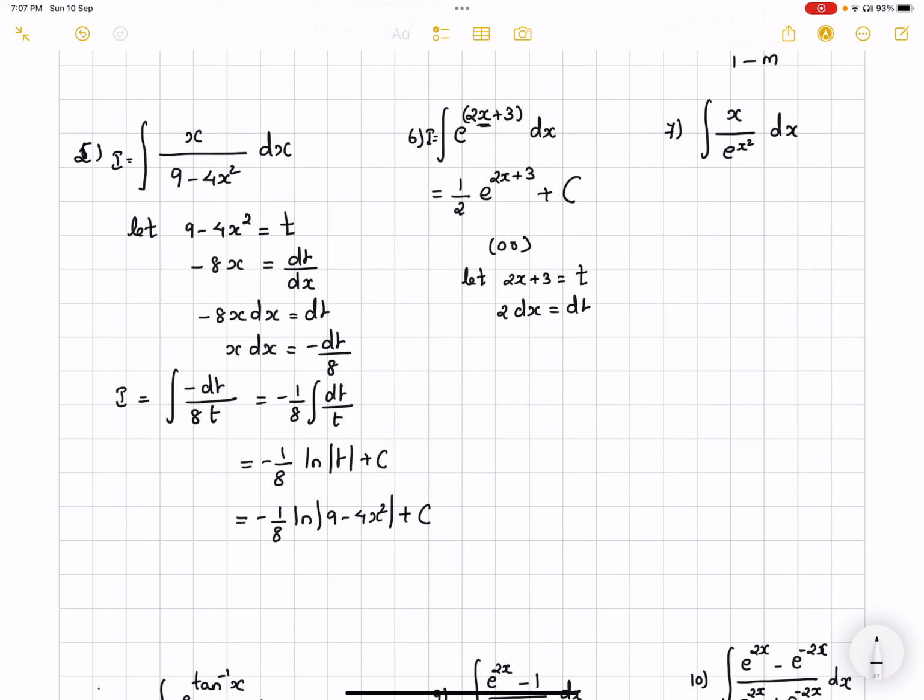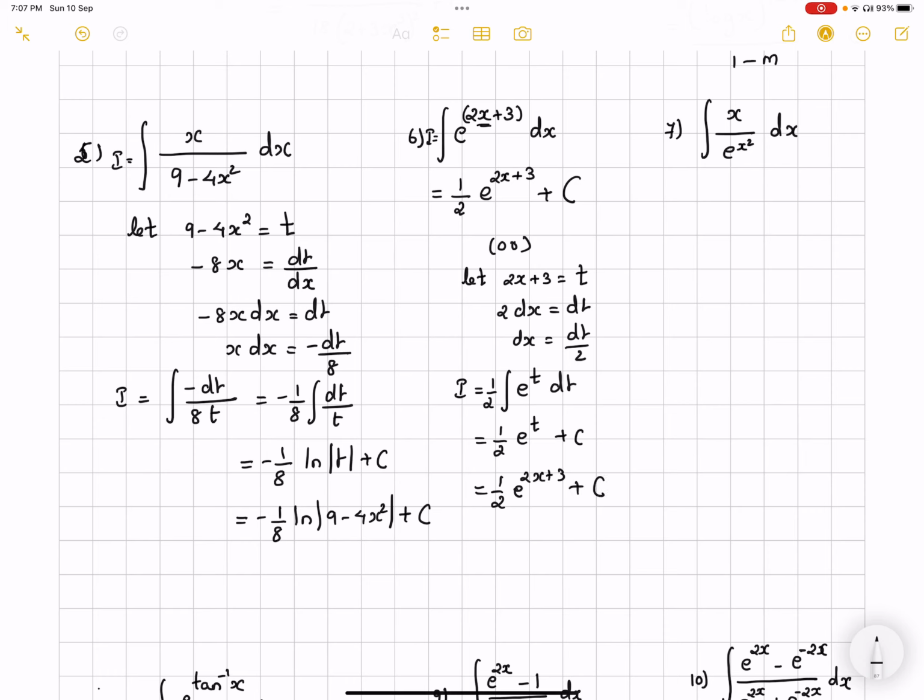Now we have dx is equal to dt divided by 2. Now let's substitute it. We would get 1 by 2 e to the power t dt. Now 1 by 2, when I integrate, I would get e to the power t plus c. 1 by 2, what is your t actually? It is nothing but 2x plus 3 plus c.